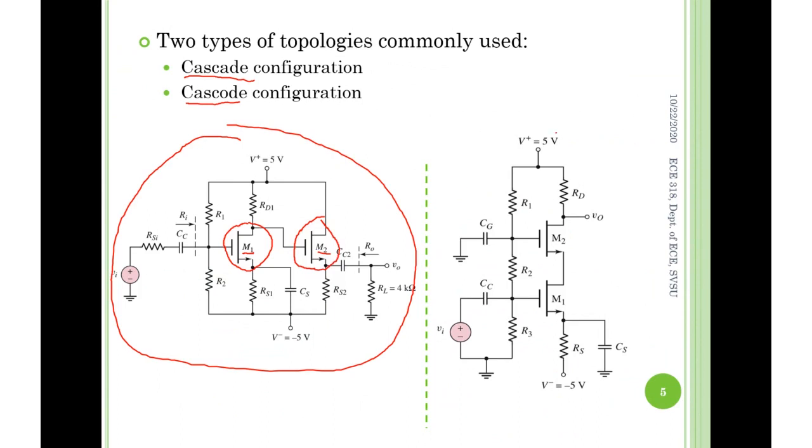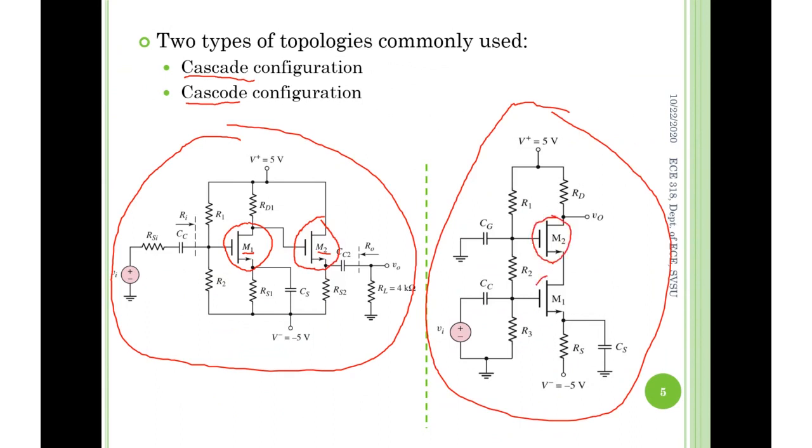And the second, cascode, also has two stages, M1 and M2. They are respectively common what? Let's take M1 in cascade. This M1 is common what? Anyone can tell? And why is that?